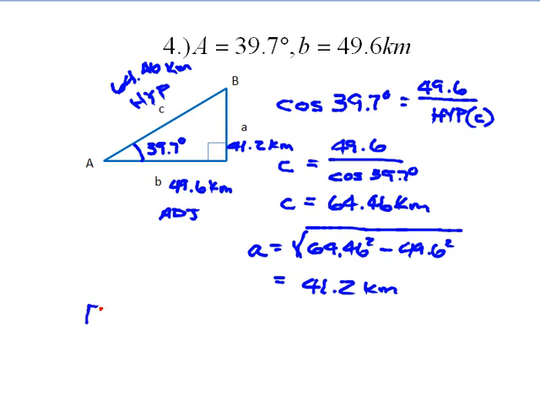And let's find angle B by taking 90 minus 39.7 degrees. And we should get that angle B at 50.3 degrees.